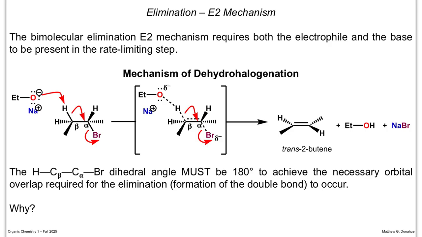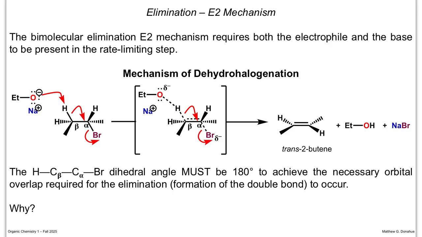So that's called an anti-elimination, or as your book says, a lot of other terms: beta elimination, dehydrohalogenation, all these different terms. But we need those central four atoms in a plane. And then from that, you sprout off the different substituents. So the electrons move this way.